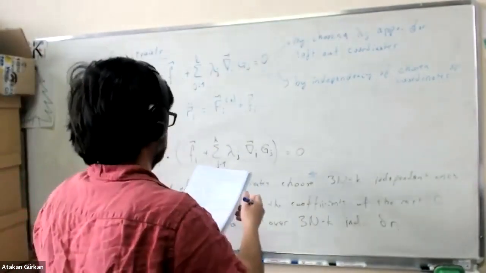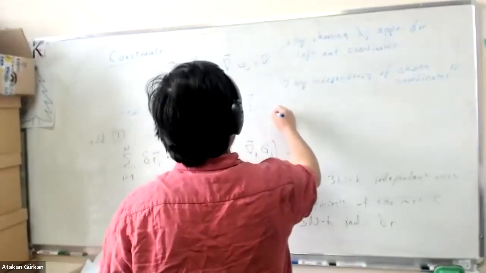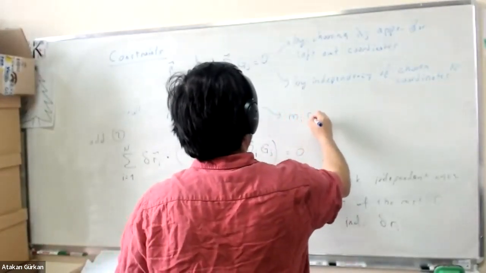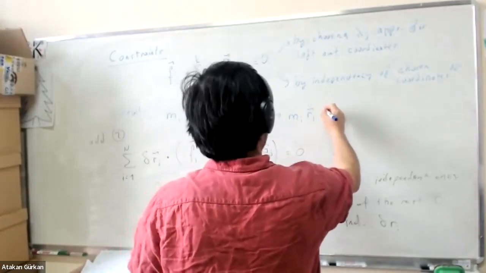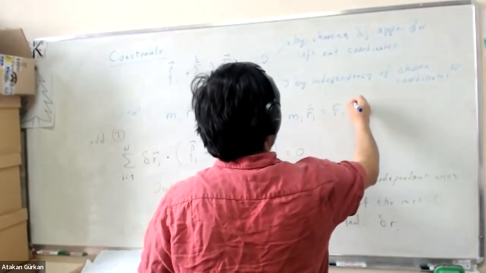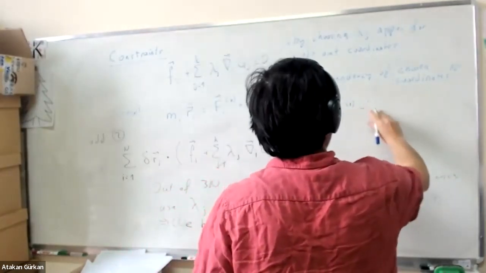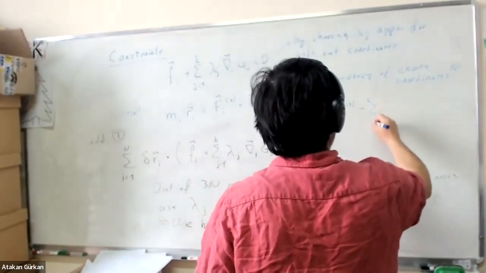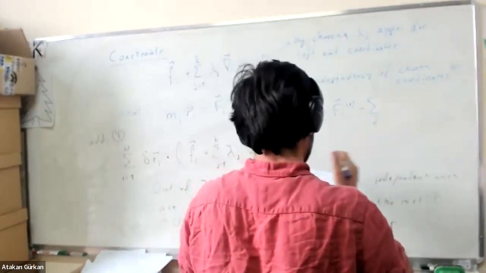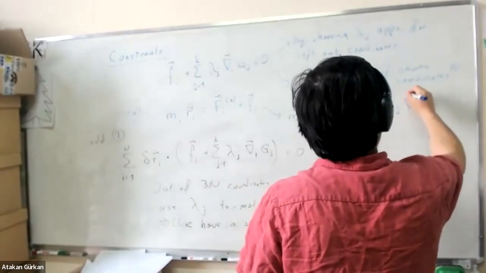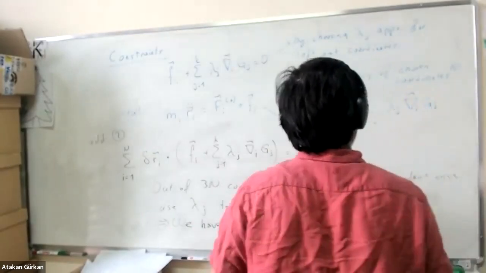By putting this in here, making a simple substitution, we're going to have m_i r_i double dot is the applied force minus, sorry, some sum over j constraints of lambda_j gradient g_j.